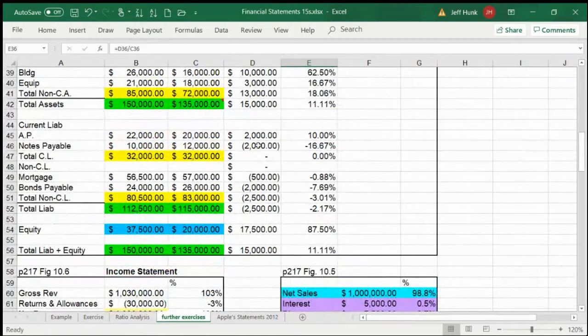Look at the current liabilities. Current liabilities increase, accounts payable increased by $2,000. You might wonder if accounts payable increased, that sounds like a bad thing. No, actually, from the cash flow perspective, it's not a bad thing. Why? Accounts payable increasing means you are preserving cash, right?